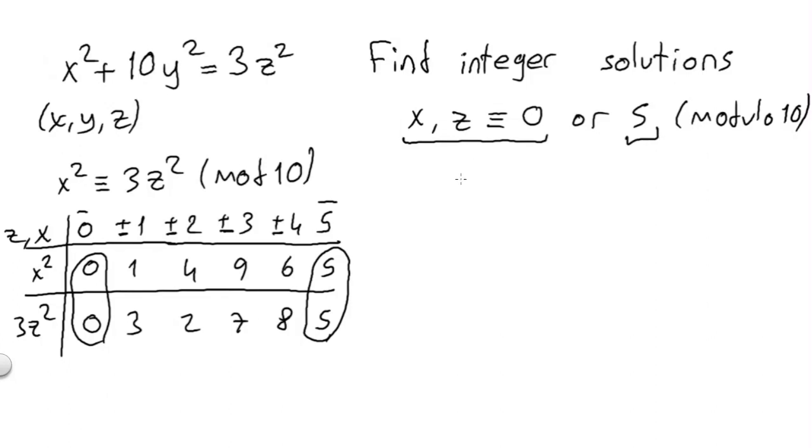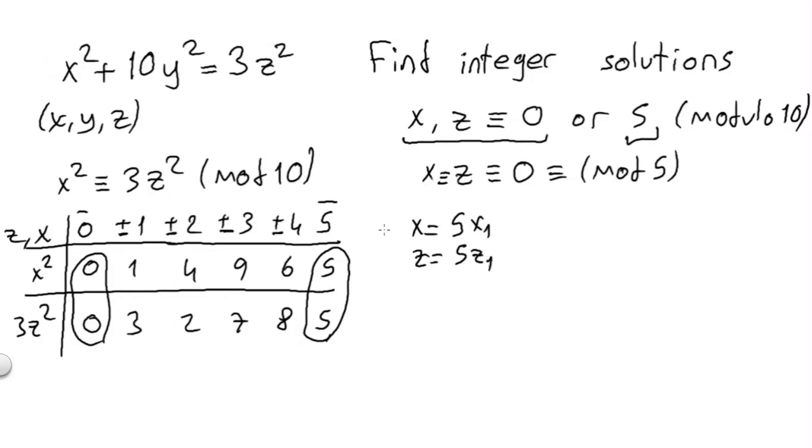Equivalently, they both have to be 0 modulo 5. Therefore I can say x is a multiple of 5, so x is 5x1 and z is 5z1. Okay, cool. This is the first thing I found.